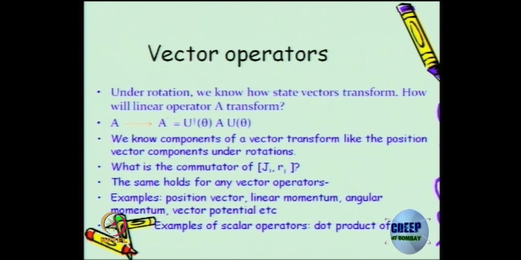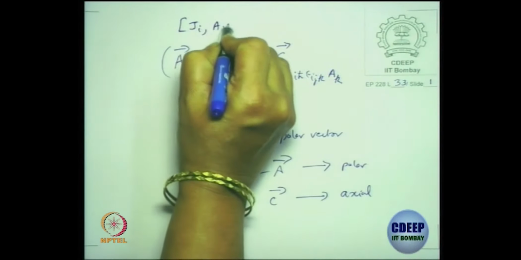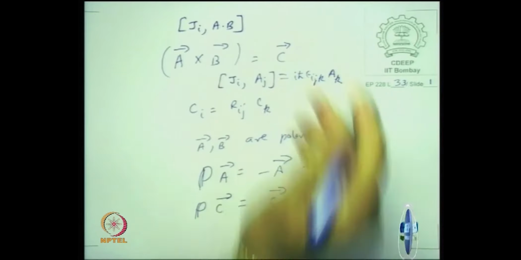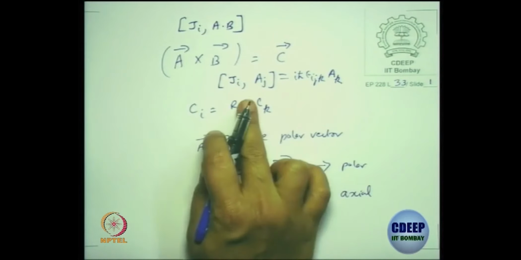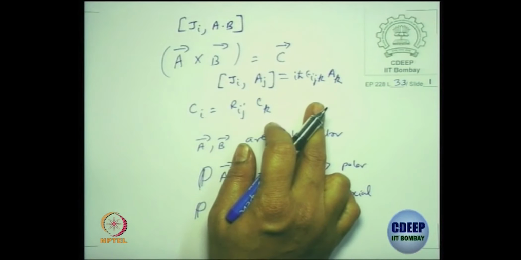A scalar operator you can construct out of vectors by taking a dot product. If you take a dot product of two vectors, you get a scalar which does not change under rotation. So this is also something I want you to do. You have to show the commutator of J_i with A dot B. Prove this. With A_i you know the transformation with the components of the A vector, and with the components of the B vector you know the transformation.